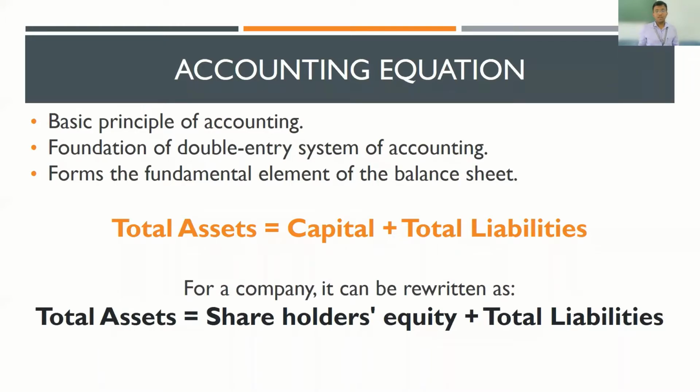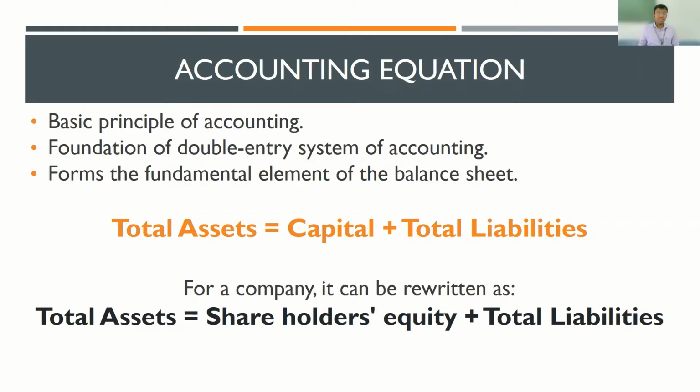Now, what else does the accounting equation tell us? It tells us that total assets of a firm are equal to capital plus total liabilities. That is the accounting equation, the cornerstone of the subject.